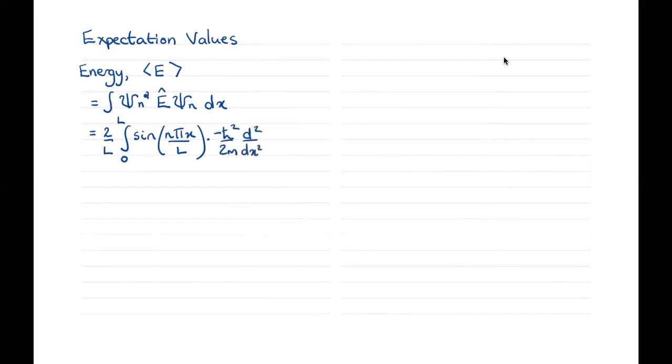It's the operator for the kinetic energy times sine n pi x over L. Again, integrated over all x.